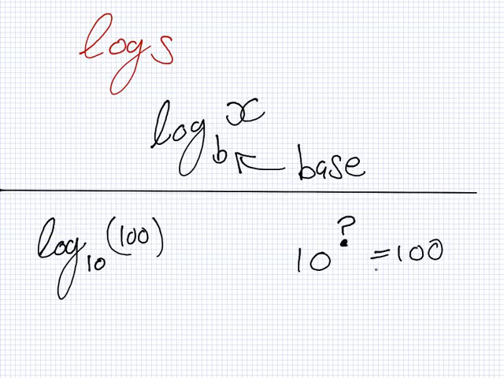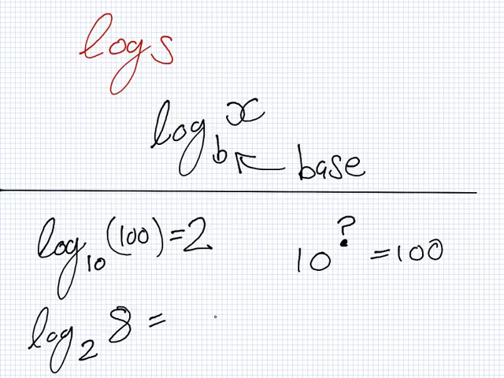So what's the answer here? 2. So the answer for this is 2. Likewise, let's say log base 2 of 8. So here, 2 to what power makes 8? 3. And this is the basic idea of logs. So if you can just write this down as a starting point.